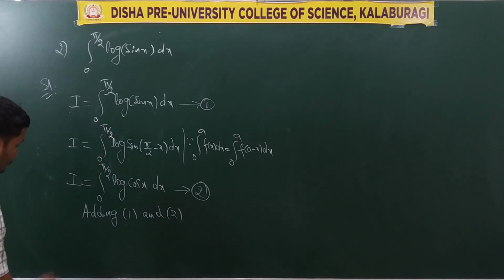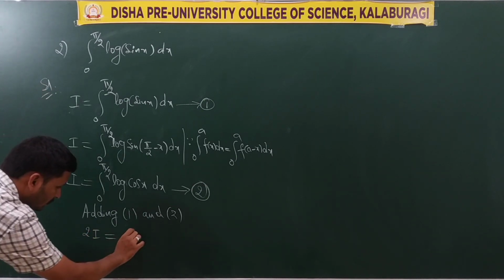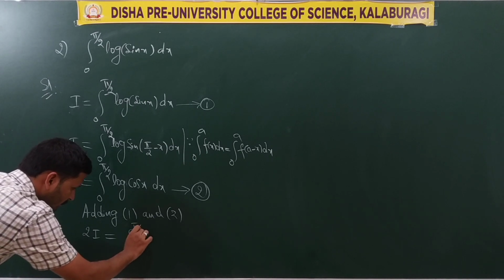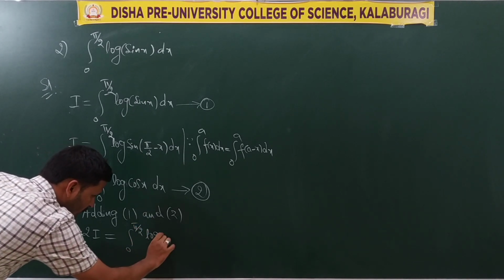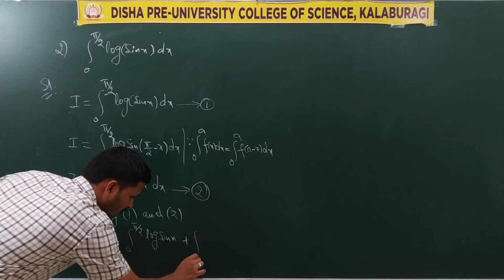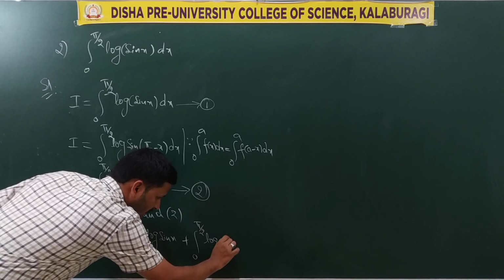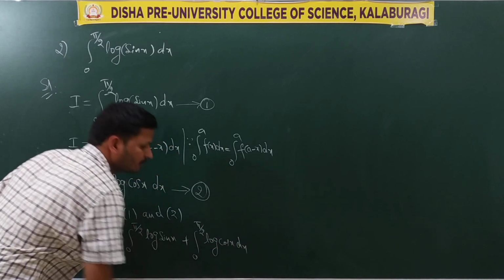Here I plus I, that is 2I, which is equals to integral from 0 to pi by 2 of log of sin x plus integral from 0 to pi by 2 of log of cos x into dx.